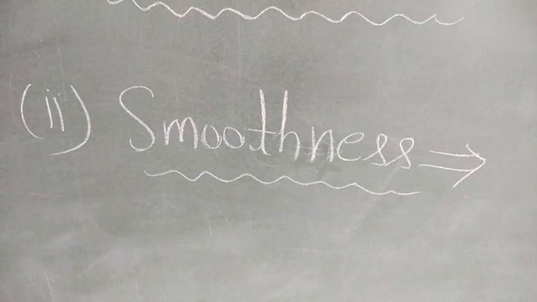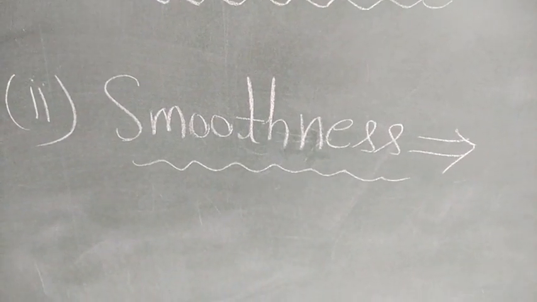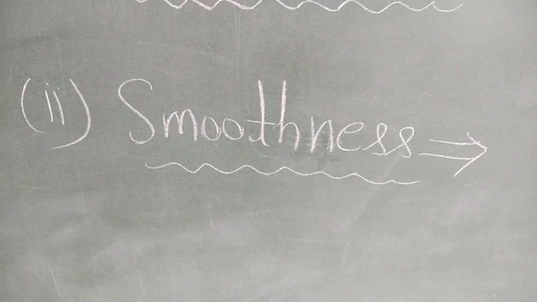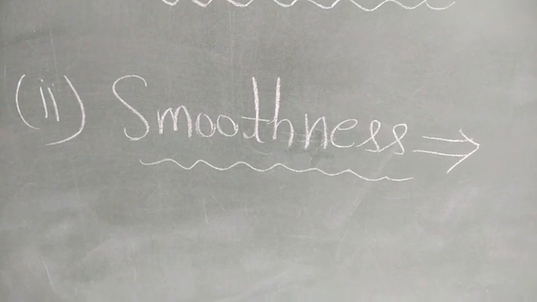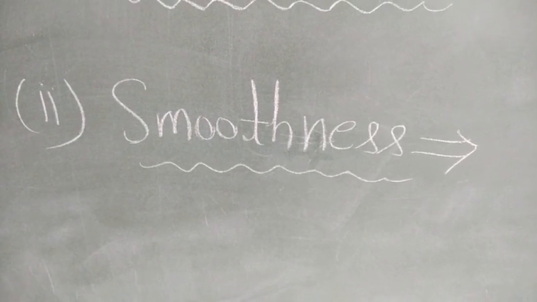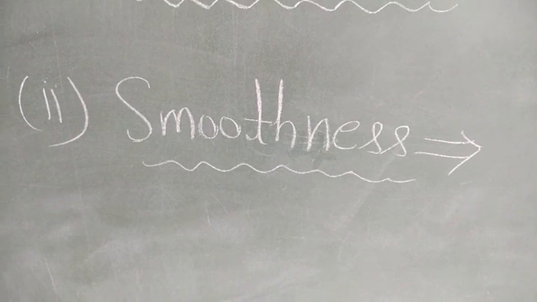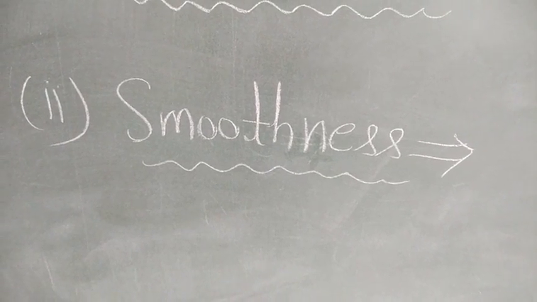In the same way, petals of a flower are smooth in nature. So petals of a flower are an example of smoothness.